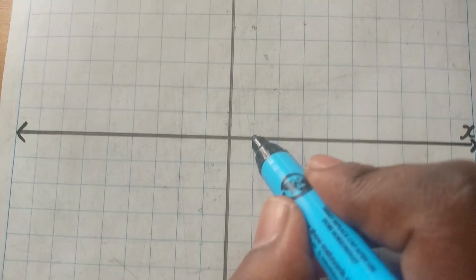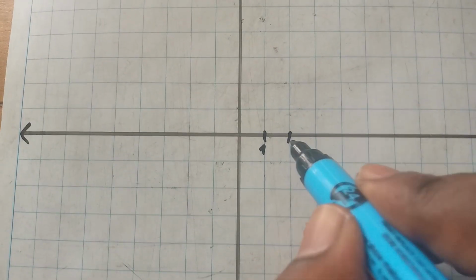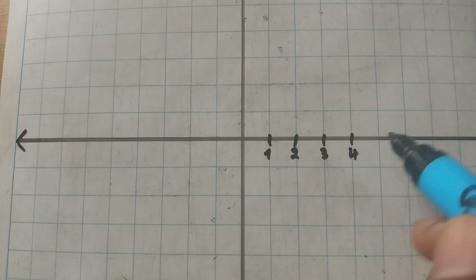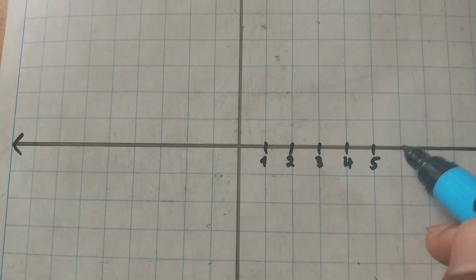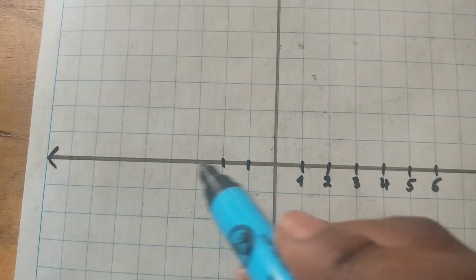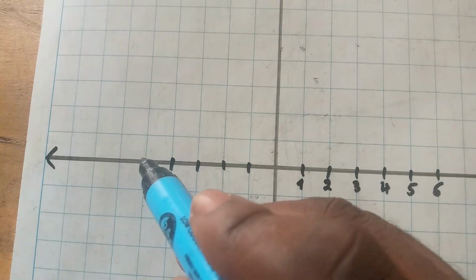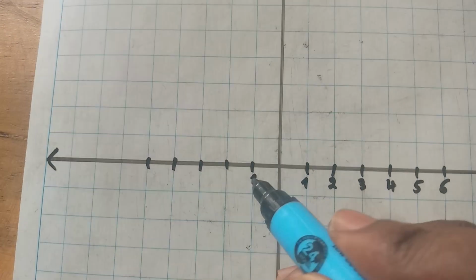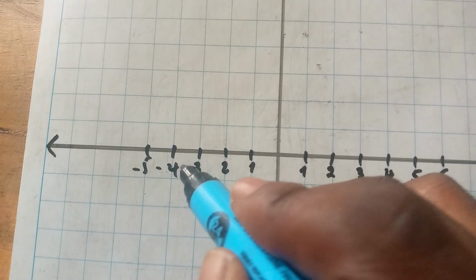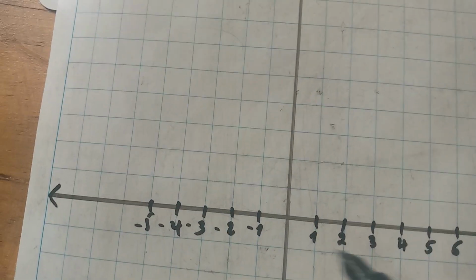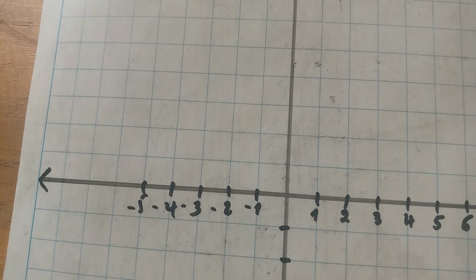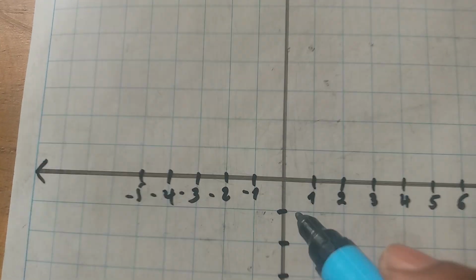Here we have 1, 2, 3, 4, 5. We can put a 6 here. Here you have 1, 2, 3, 4, 5 on the negative side. Then on the y-axis also you have 1, 2, 3, 4, 5, no problem.